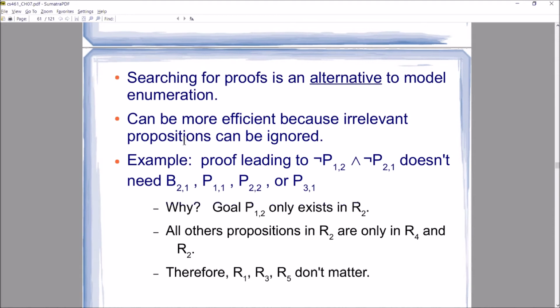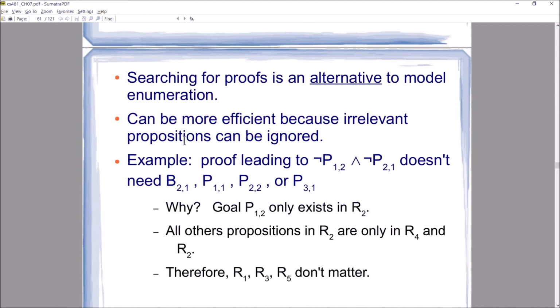Now, this can be a lot more efficient. Why? Because you can ignore propositions that aren't relevant. For example, if you needed a proof that led you to no pit in 1,2 or no pit in 2,1, in that previous example, did we even care about B2,1?